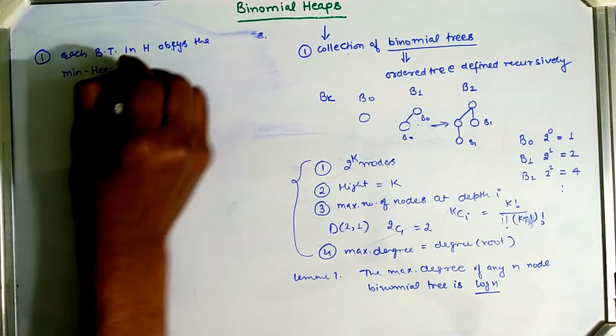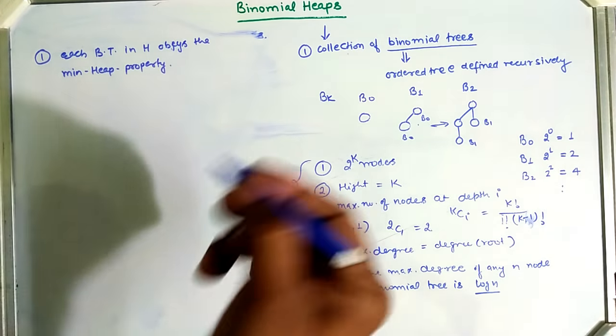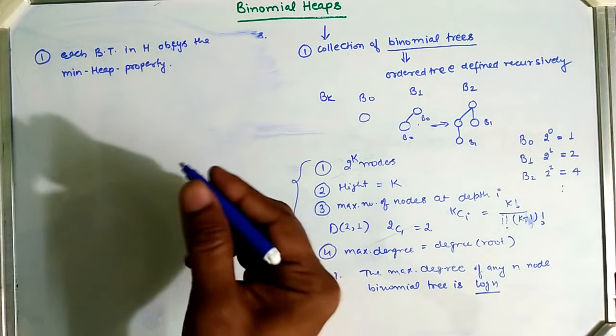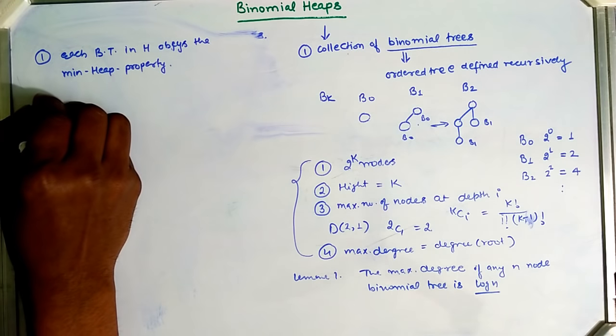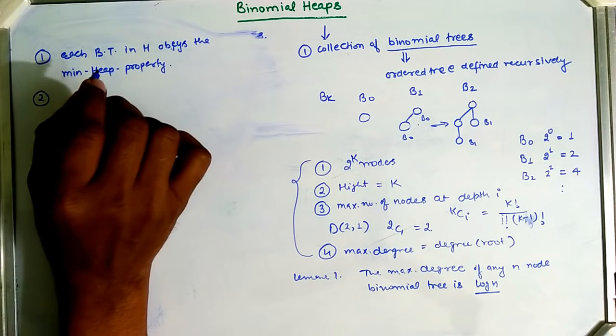What the min heap property says is that every parent value is always lesser than the child value. This is the first property.